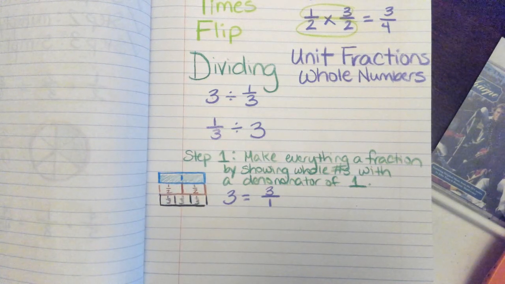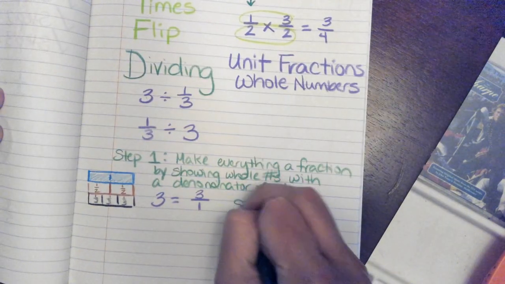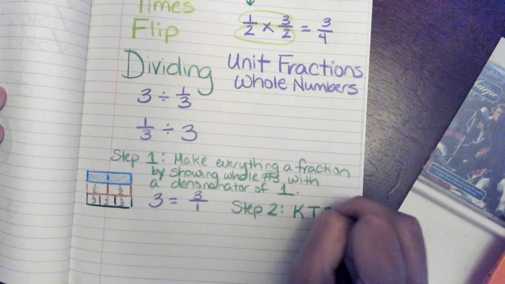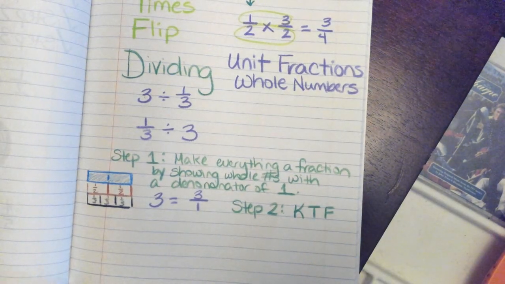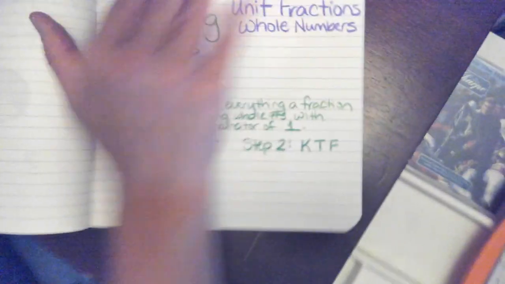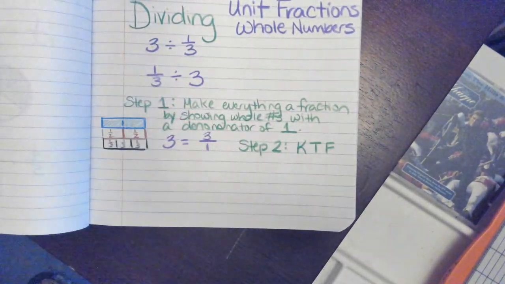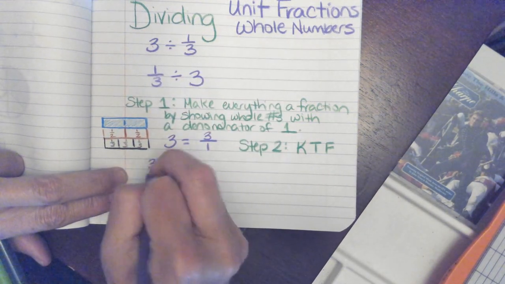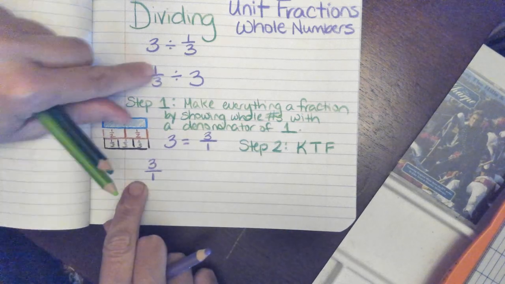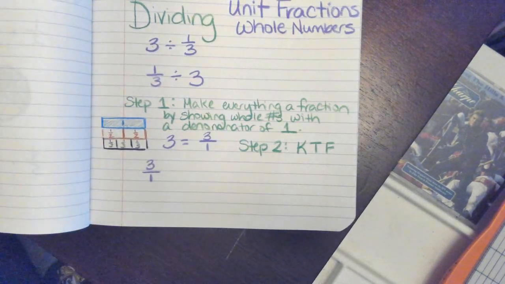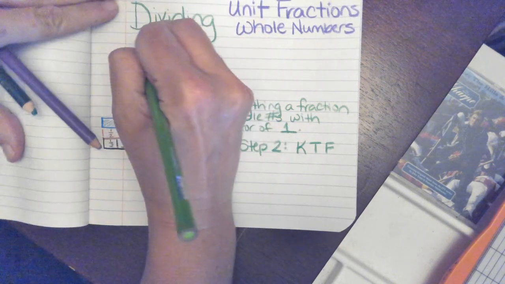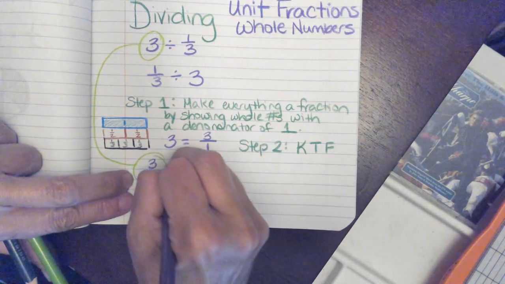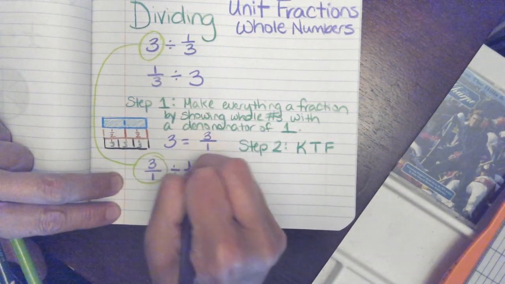Then step 2 is keep times flip. Again, I'm doing 3 divided by 1/3. 3 over 1 is the same as 3, so I've taken this and divided by 1/3.